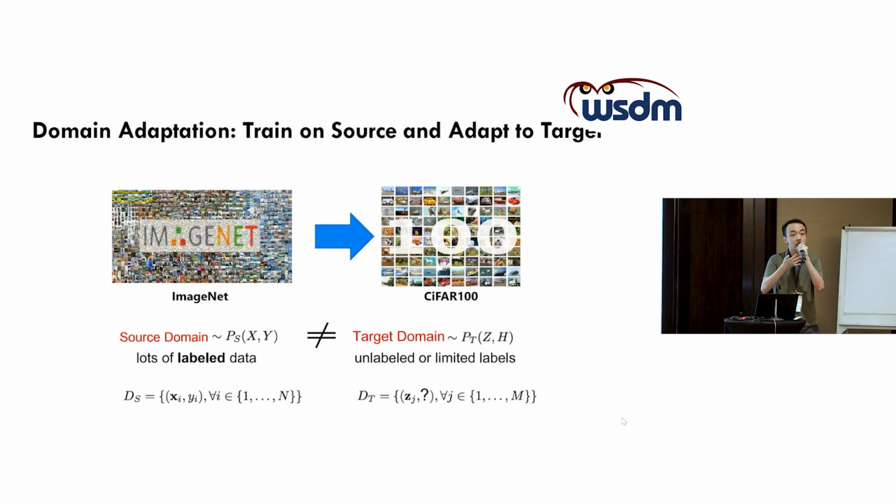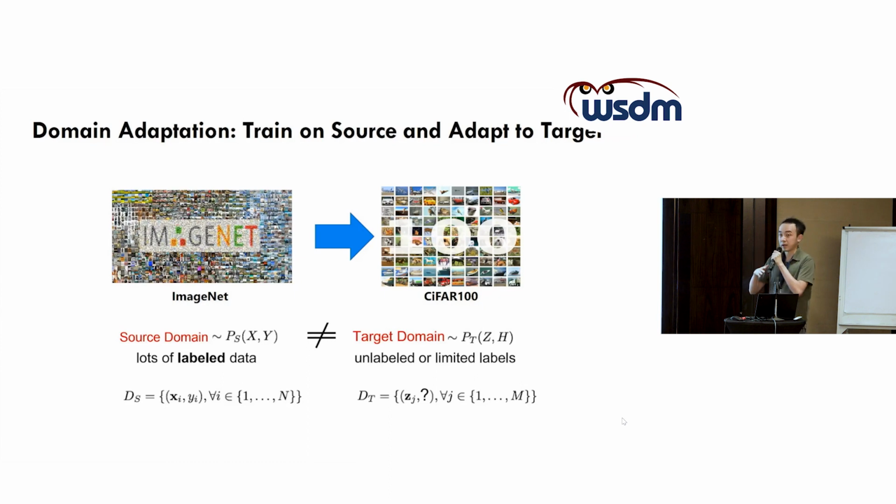The source domain data refers to the data that we are able to collect during the training phase with the label information. We want to adapt the source domain data to the target one. The target one is the data that we are interested in for a specific application.